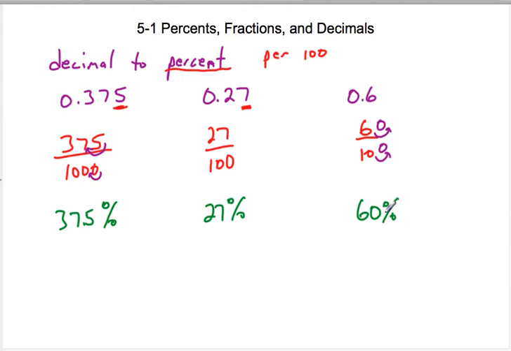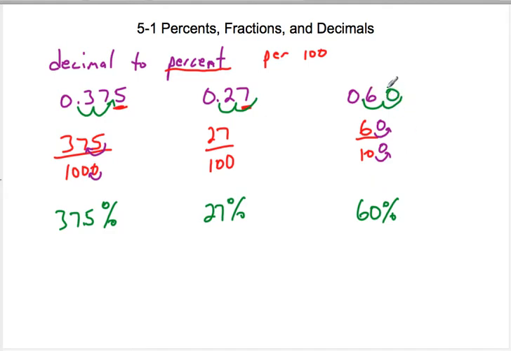For those of you who remember last year, we worked on changing decimals to percents, and we know that we can just move the decimal 2 places to the right. So notice 37.5, here it is, 27, here it is, and 60. Remember when there's an empty scoop there, you just put a 0, 60%.